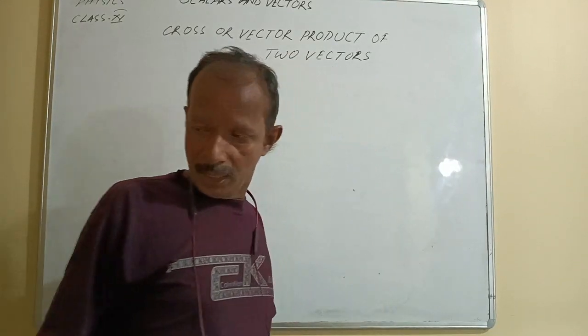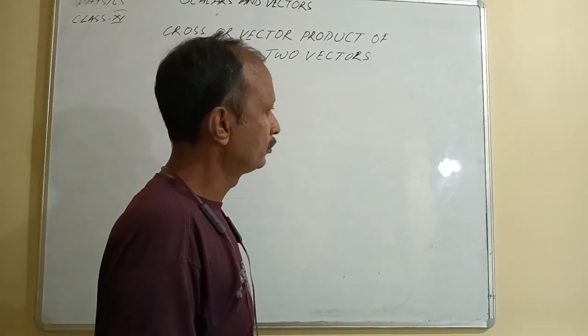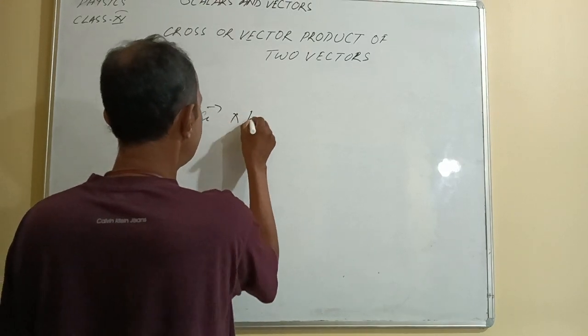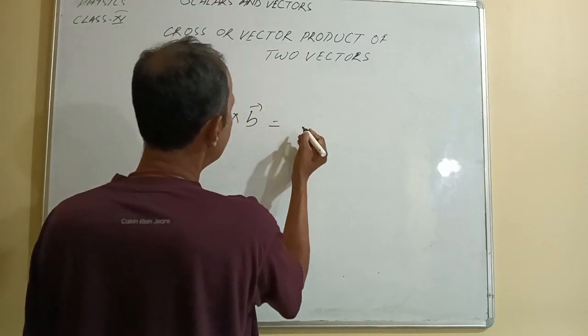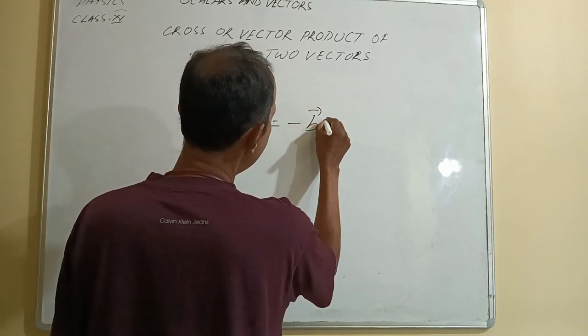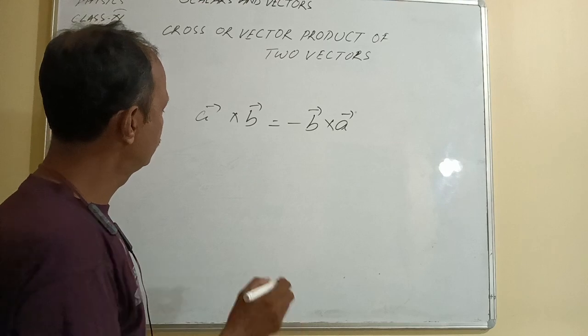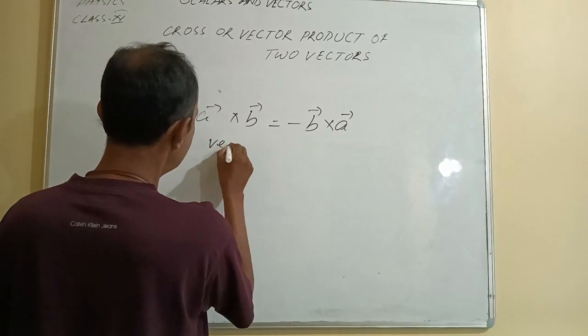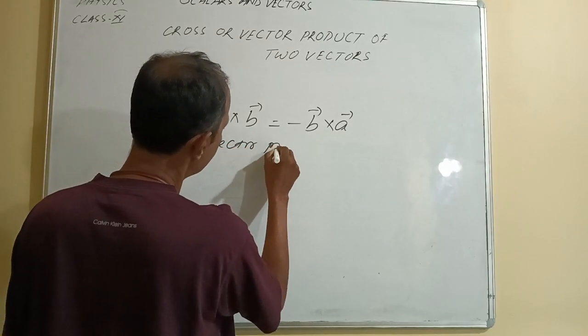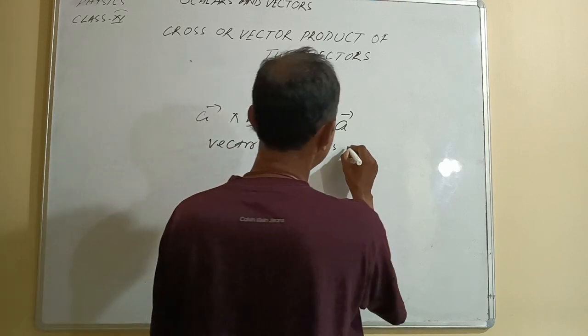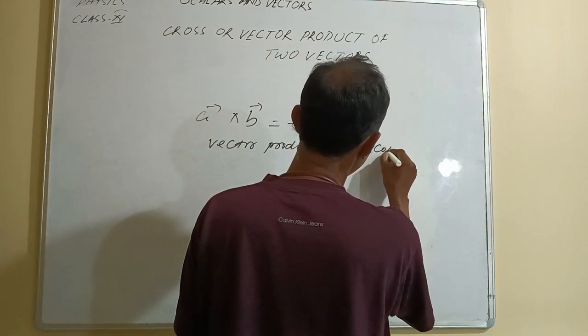In case of a cross product, I can say that A cross B is equal to minus B cross A. That means I can say that vector product is not commutative.